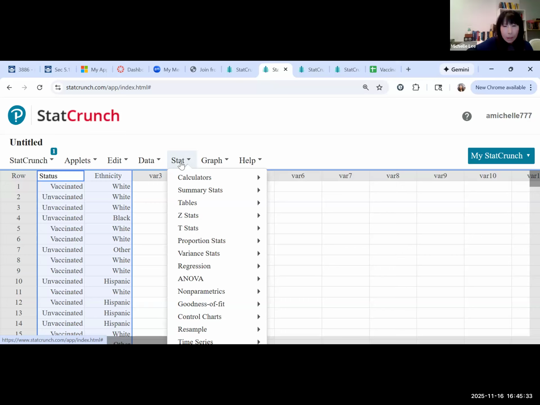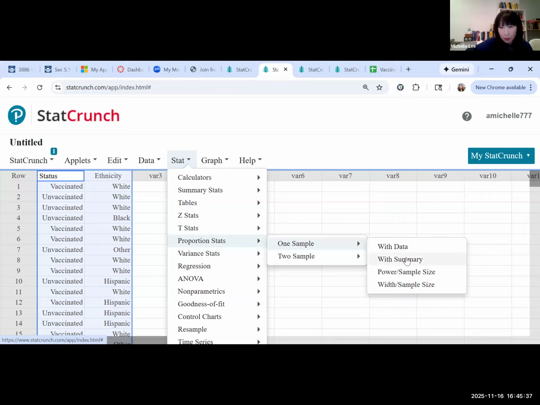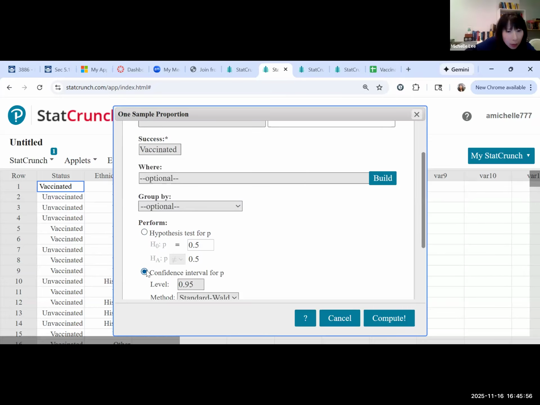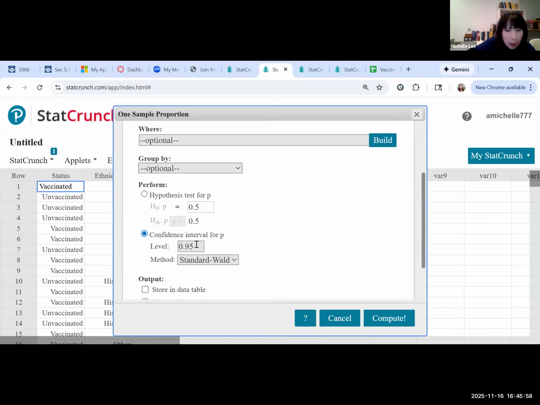Stat, Proportion Stats, One Sample, With Summary, not with data, right? Good. Okay, status, success is vaccinated. Let me just copy this one. Yeah, and then paste. All right, so I did not click it earlier, right? It's 99%.